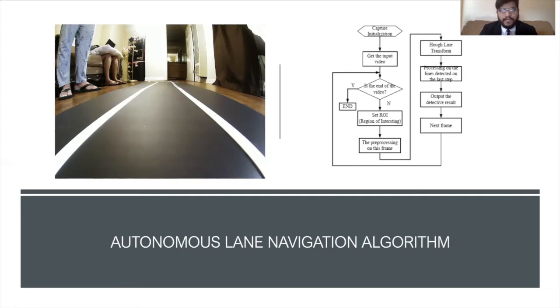So in the diagram over here, that's the architecture of lane navigation. The algorithm starts with capturing an image. Once this image is captured, we can apply a bunch of OpenCV techniques. I have also submitted an IPYNB file.